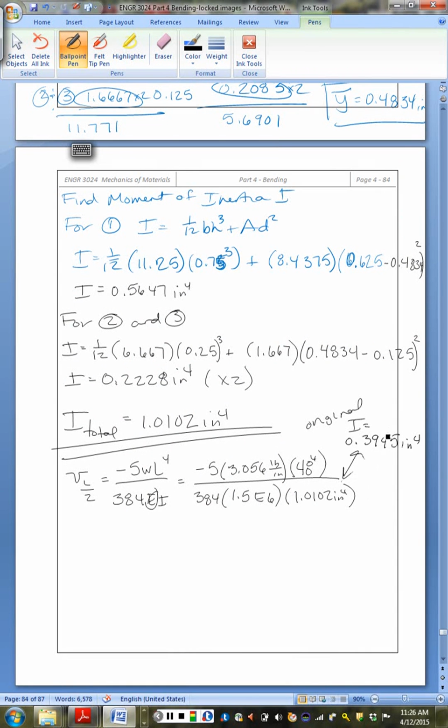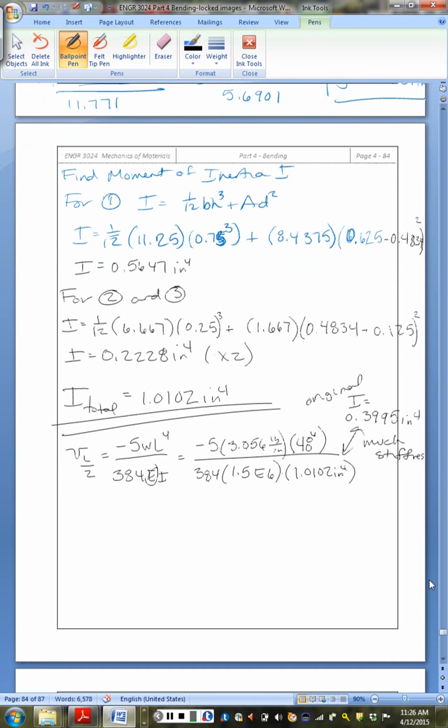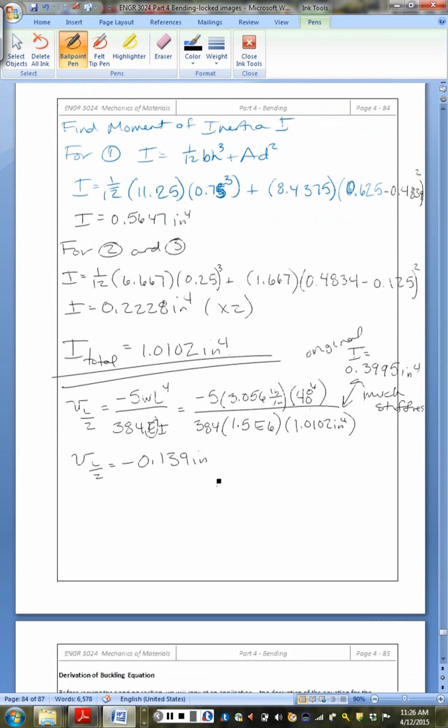So this addition of the support has made a significant difference in the stiffness of the beam, and so it should be no surprise that we end up with a much smaller deflection. So we've been successful in terms of supporting our shelf so that it doesn't sag.